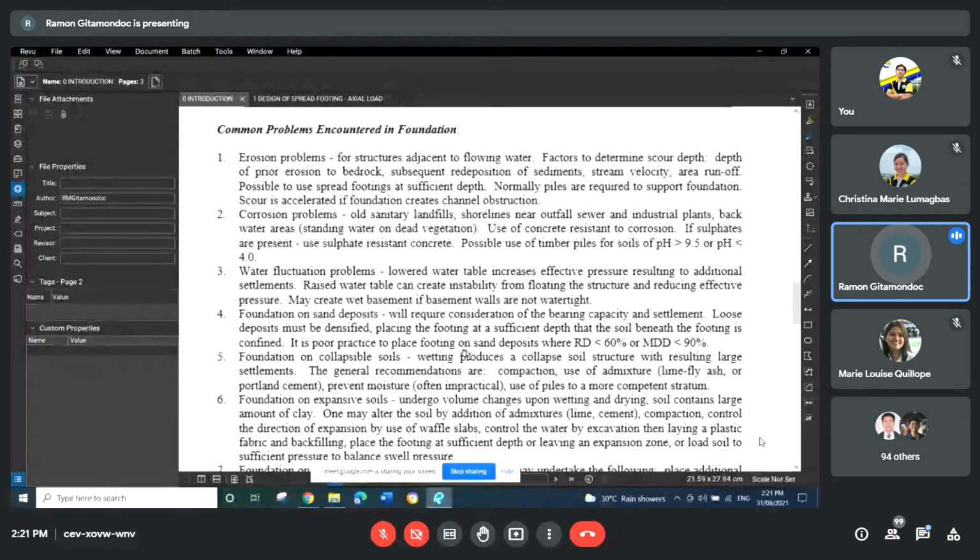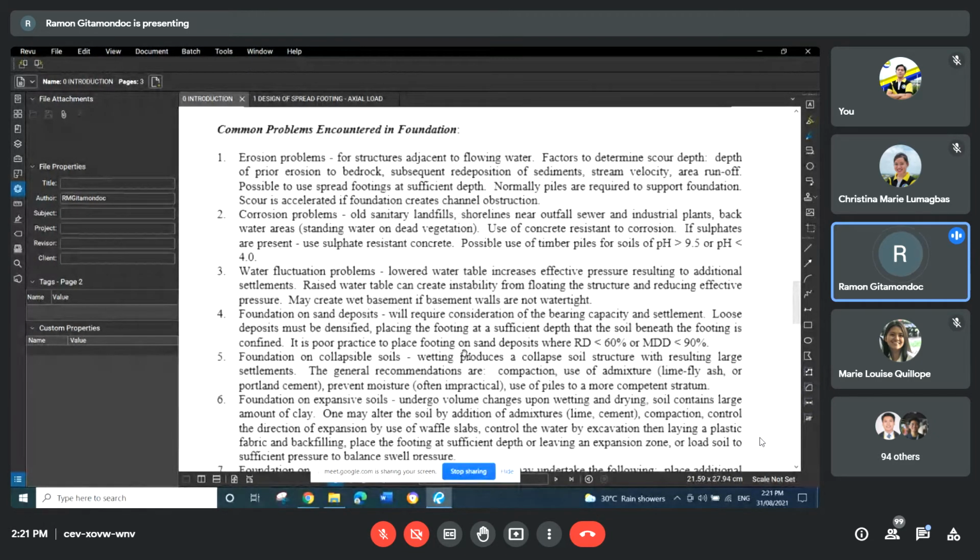There has to be a construction joint somewhere. Then you have to provide proper water stops to prevent water from leaking into the basement. This has created a lot of problems in some completed structures. So as much as possible, we have to anticipate this situation.